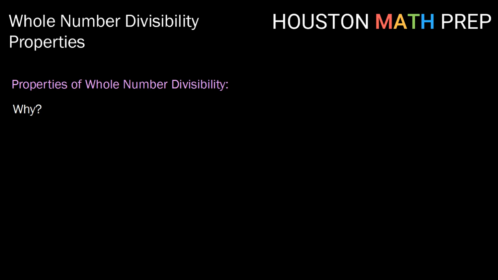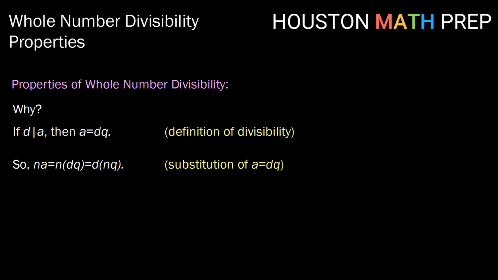Well, let's check out why that is true using our definition of divisibility. Well, we know that if d divides a, then a can be written as d times some number q. That's just our definition of divisibility. Well, if we multiply both sides of that by n, then we get na equals n times dq.